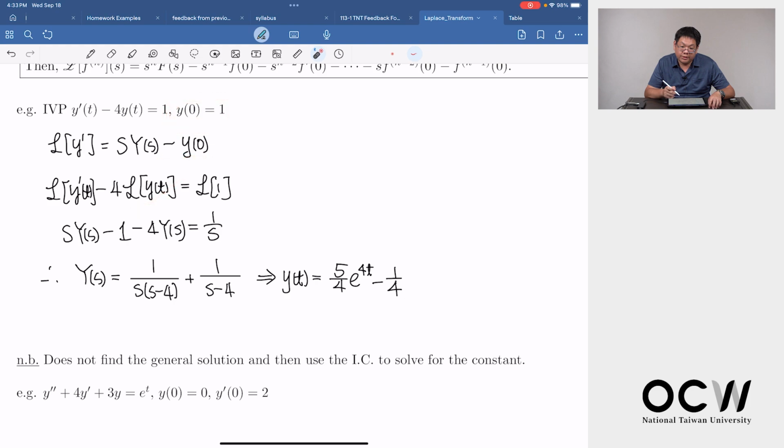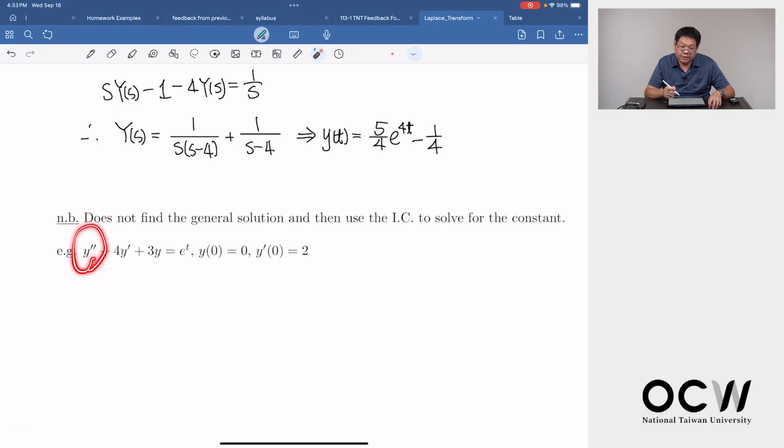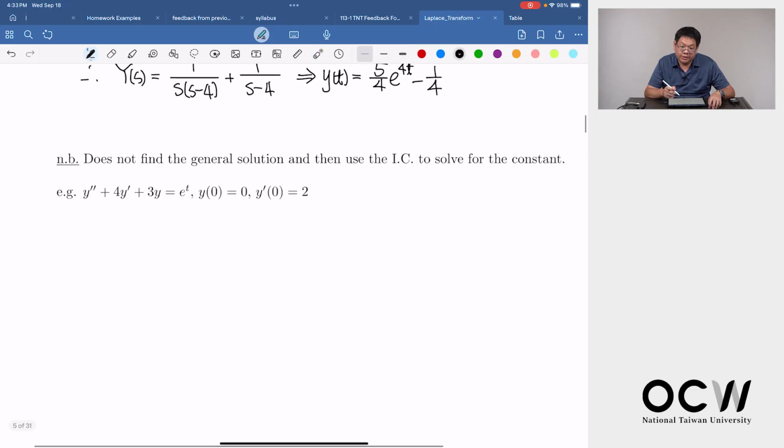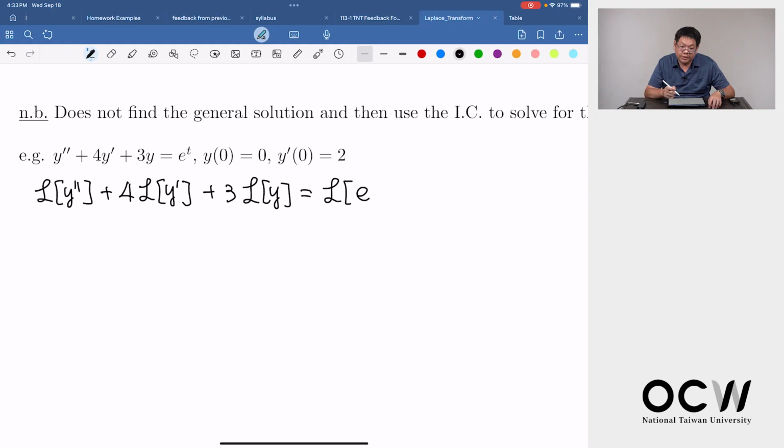Okay, let's do the next one. We have a second order differential equation. For the second order, again, the Laplace transform of y double prime, plus 4 times the Laplace transform of y prime, plus 3 times the Laplace transform of y, equals the Laplace transform of e to the t.